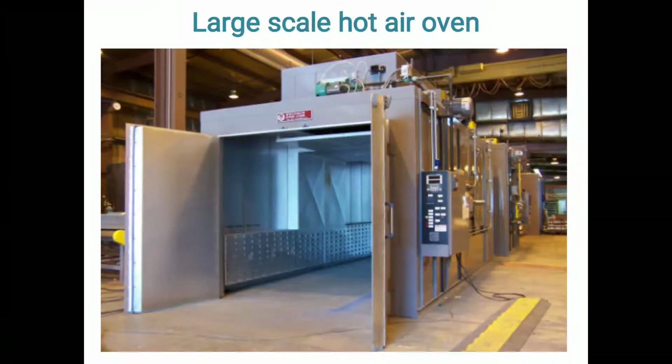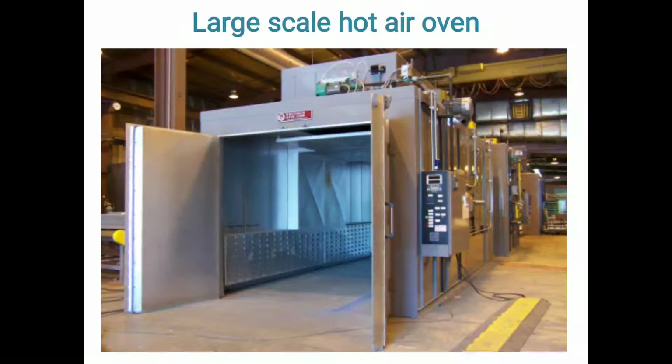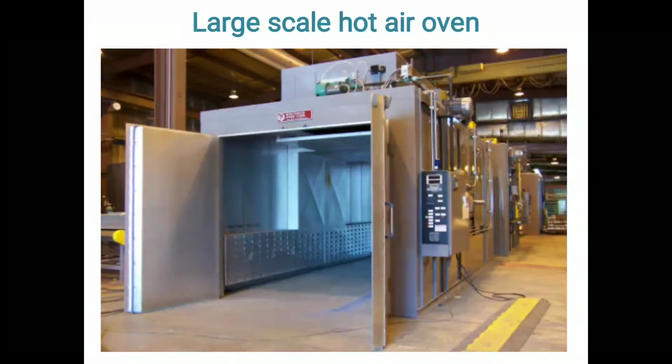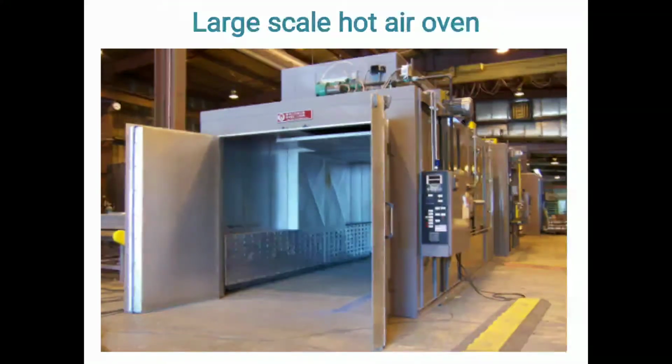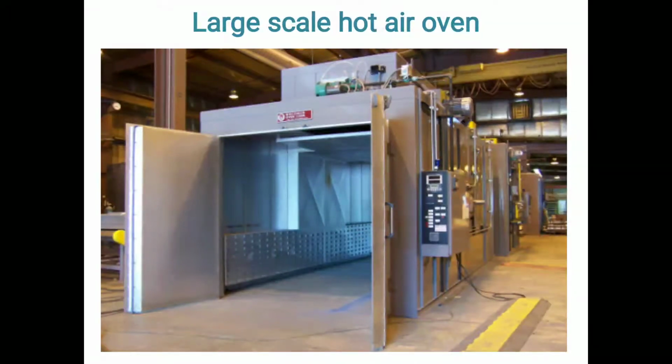So the process is fully automated. We have to set the required temperature, load the materials, close the doors, and the sterilization is carried on. At the end of the sterilization process, the alarm blows and the equipment automatically switches off. The cooling is also automatically carried out after the end of the sterilization process.